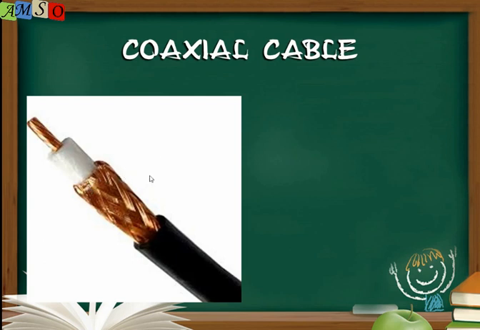So for those of us that have GoTV in our house, we use this kind of cable as antenna. And for those of you that have DSTV or StarTimes, we use this type of cable for our antenna.